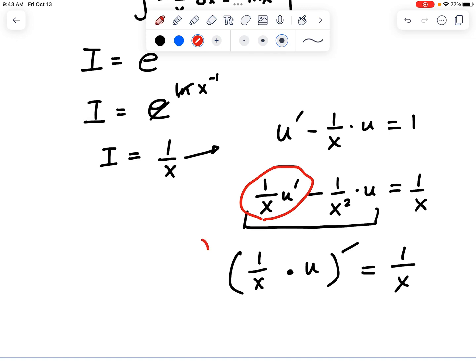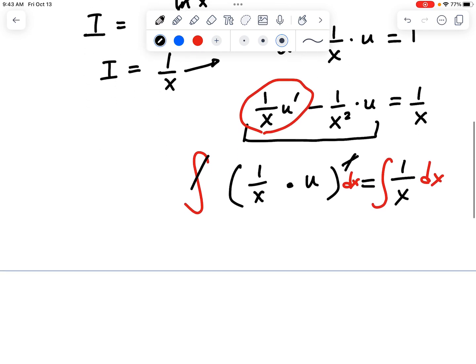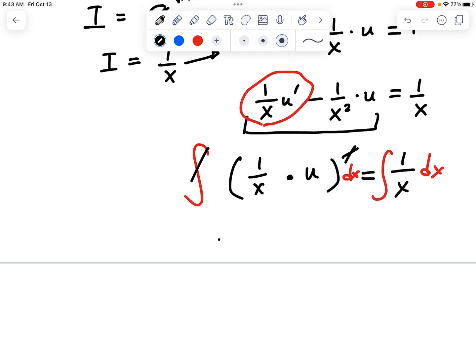And now we can integrate both sides with respect to x. On the left side, the integral and the derivative cancel. So all that's left is a 1 over x times u. And on the right side, the integral will be the natural log of x. And now this was our last integral, so it's time to put the plus c.